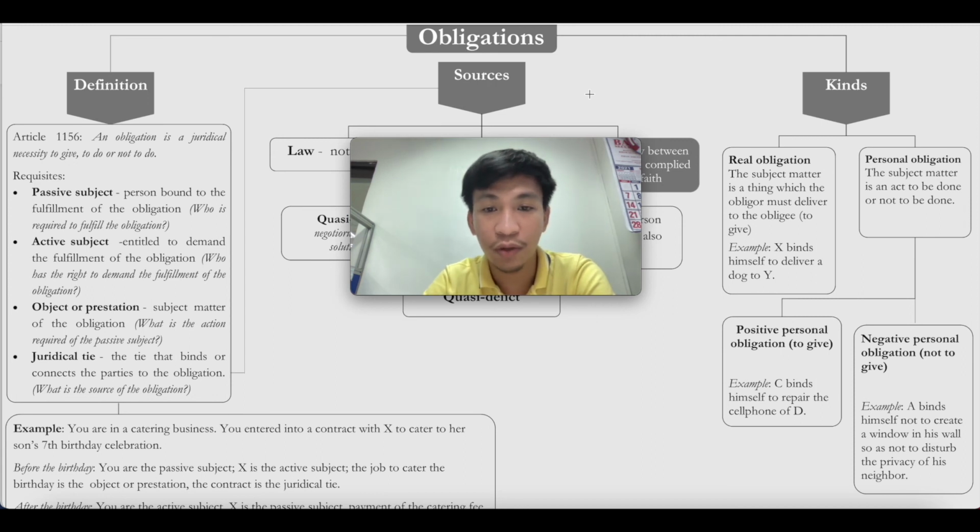Sorry, I keep referring to this mistake here. So if it is to give something, it is real. If it is to do something, it is personal.